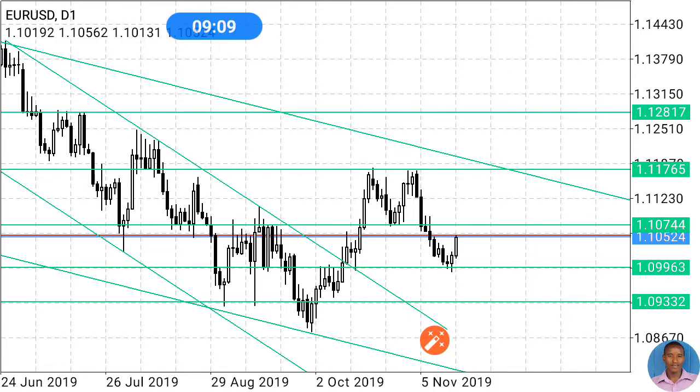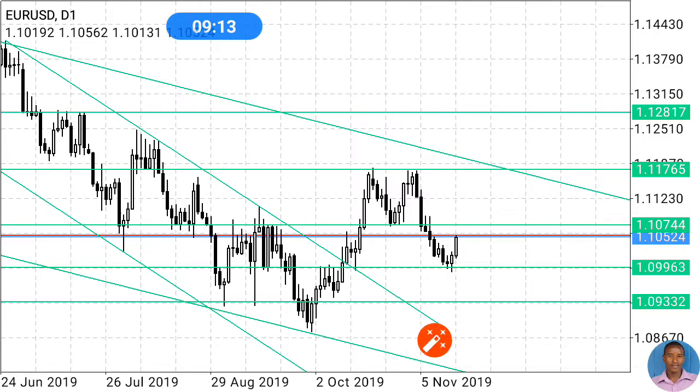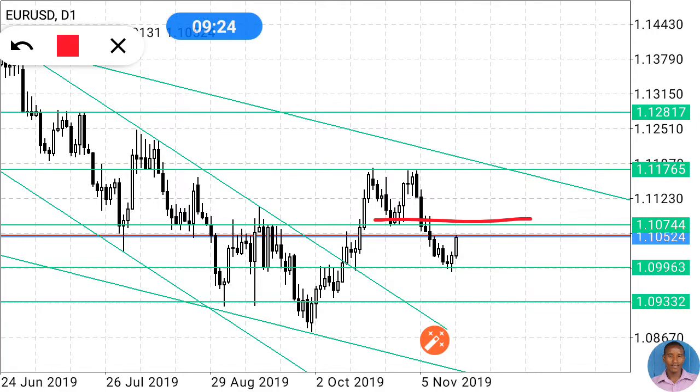So let me touch both sides. The price, as you can see, is approaching this horizontal line. If it fails to break this horizontal line, maybe it goes and touches it, then following maybe a hammer or any candlestick which indicates that the price is now going back. It might happen that the price will move to this horizontal line, then back to this horizontal line.